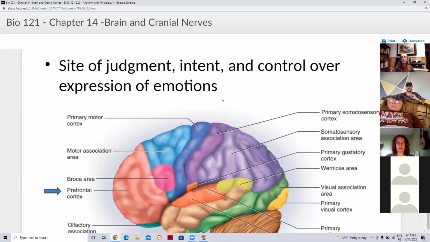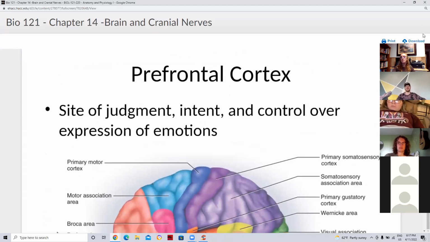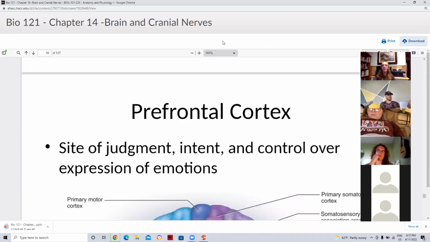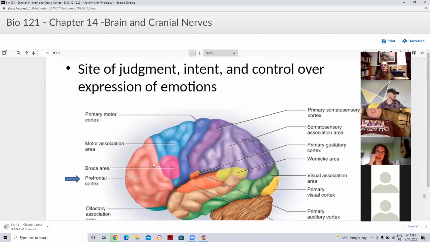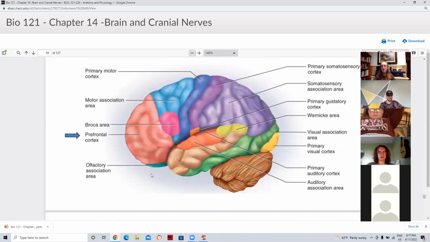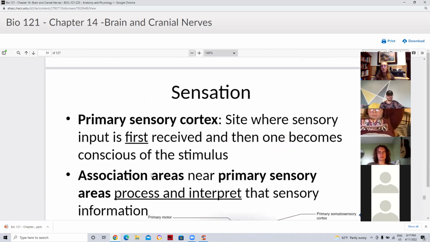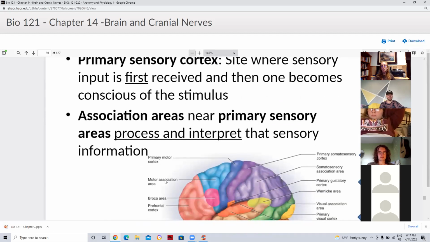So the prefrontal cortex, and I'm going to zoom out just a little bit here. The prefrontal cortex is the site of judgment, intent, and control over expression of emotions. Primary sensory cortex.